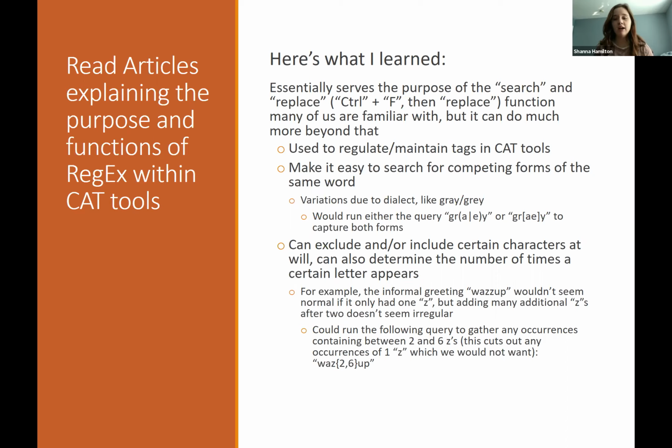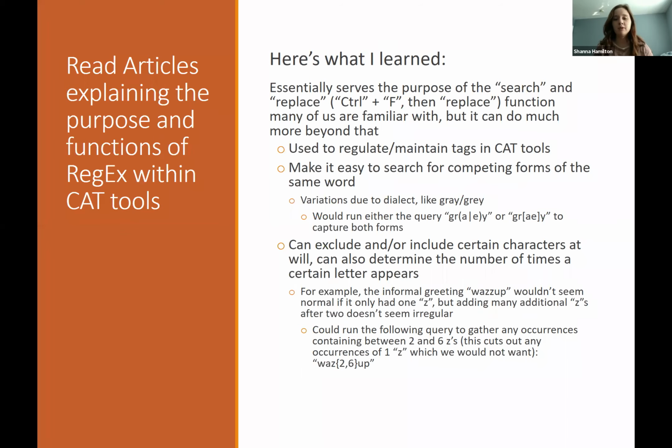There's multiple additional functions that they're used for, like regulating and maintaining tags within CAT tools, just making sure that those are working properly. It also makes it easy to search for competing forms of the same word. So for example, word variation we see frequently based on dialect or sometimes just for different reasons.